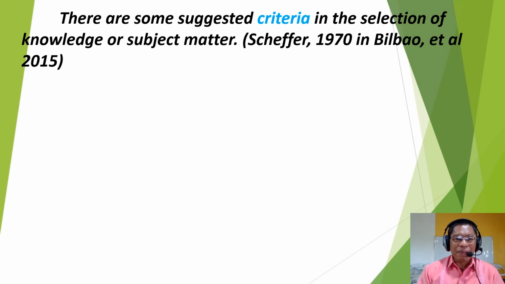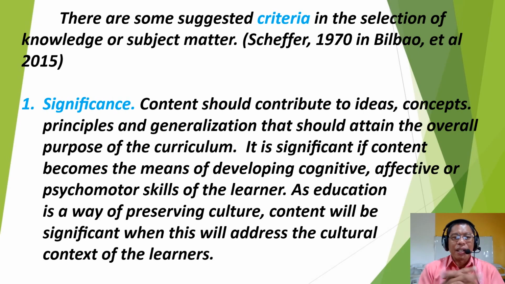Criteria in the selection of knowledge or subject matter according to Schiffer. First is significance. It is significant if content becomes the means of developing cognitive, affective, or psychomotor skills of the learner.